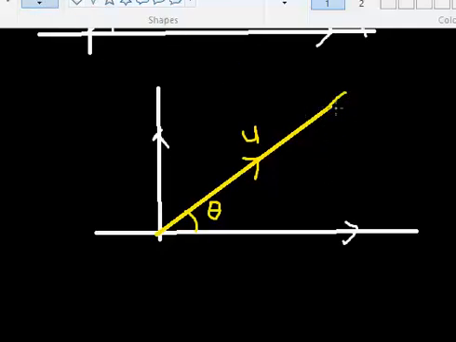Simply, for this u, I draw a vertical line to meet the reference axis, which is parallel with what I'll call uy. This uy represents the vertical component, and the horizontal I call ux.